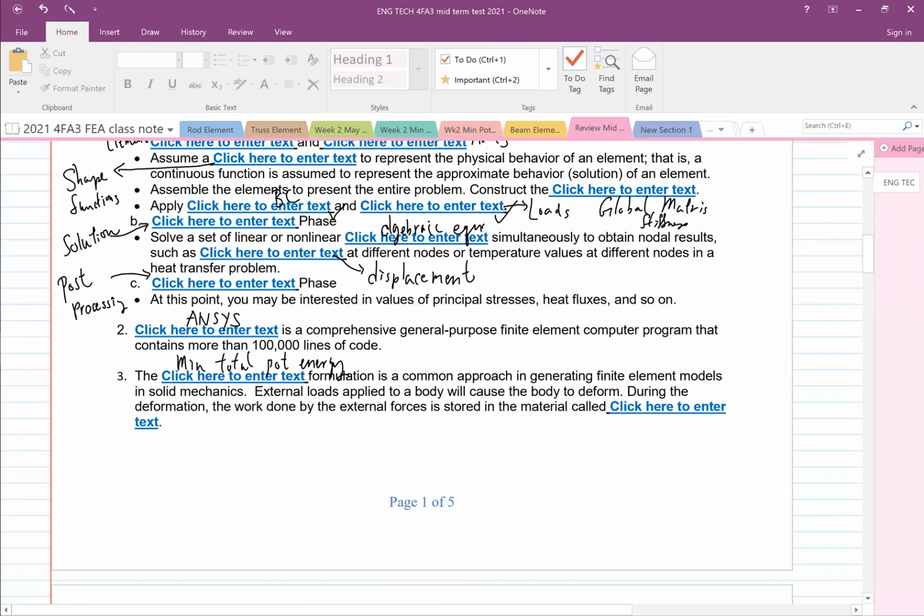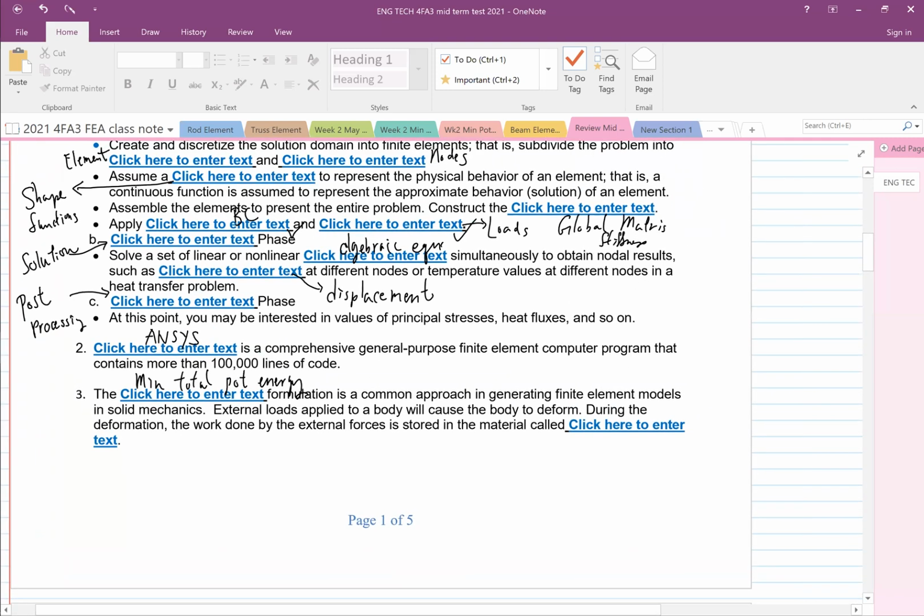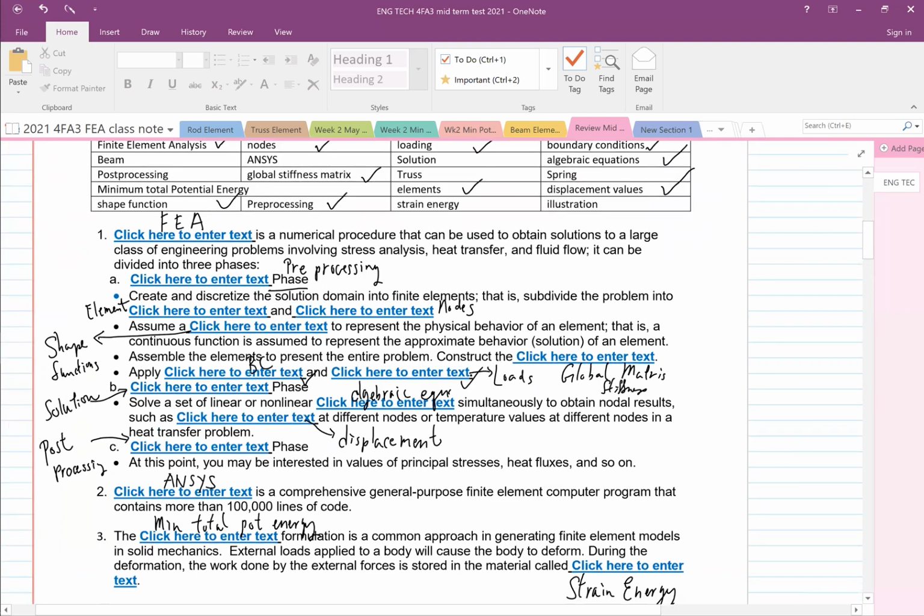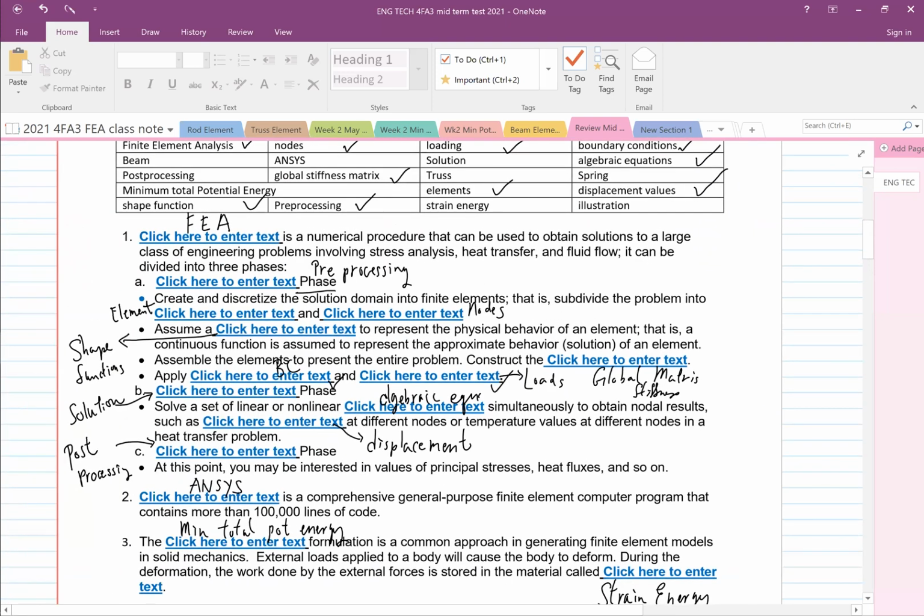The external force stored within the material is called strain energy. If you get all this, you get 15 points.